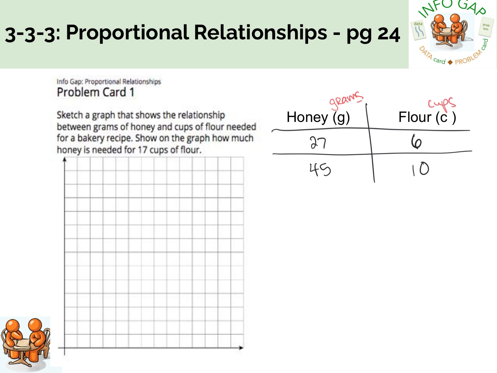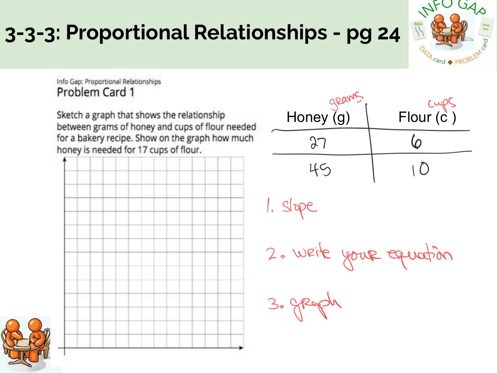Okay, you now have enough information to 1, find your slope. So right now you're going to find your slope. 2, you're going to write your equation. And 3, you're going to make a graph.